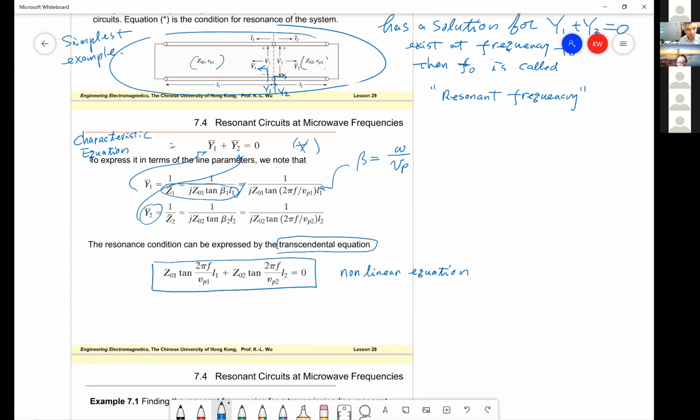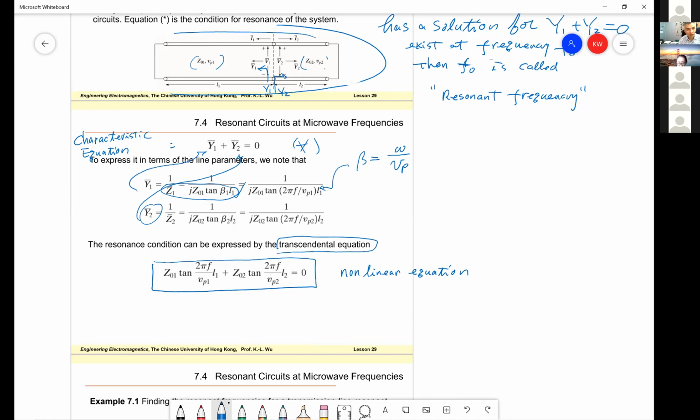The two ends may not be short circuits. They may be connected by some load, or you may have another section of transmission line and so on. Maybe the other side is connected with some transistor or IC. But this is a way we can set up the problem.